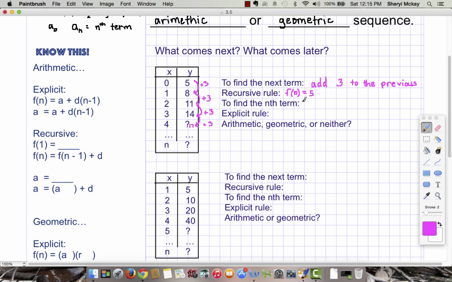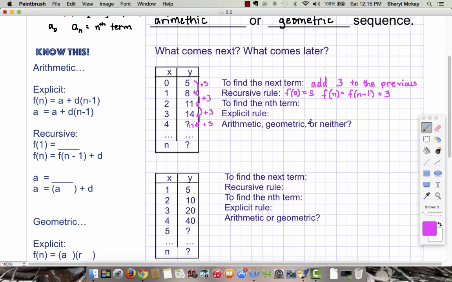And if you notice, I'm going to say that f of n is equal to f of n minus 1, which is the previous term. So if I wanted to know what this term was down here, what this f of n was, well, I'd have to go to my previous term, and I'd have to take the value of that, and then I would add 3. That's my recursive rule, okay?